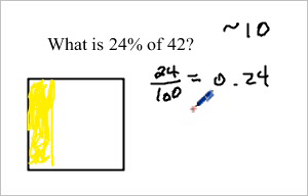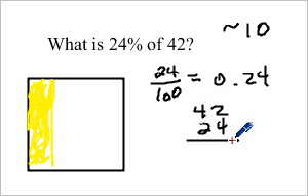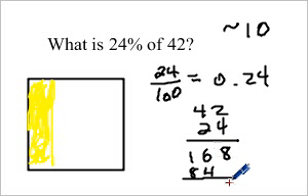When we multiply decimals, one way to do it is just to leave the decimals out and multiply the numbers. 4 times 2 is 8, 4 times 4 is 16, 2 times 2 is 4, 2 times 4 is 8. I can add those up. 8, 6, 4, 10, 8, 9, 10. Now I estimated my answer to be 10.